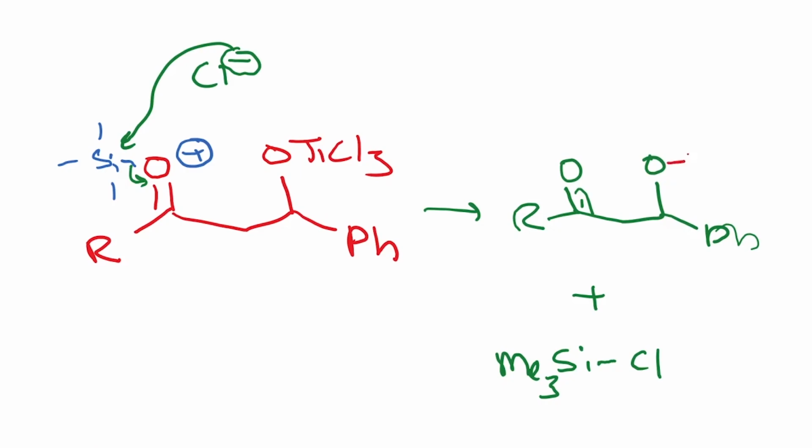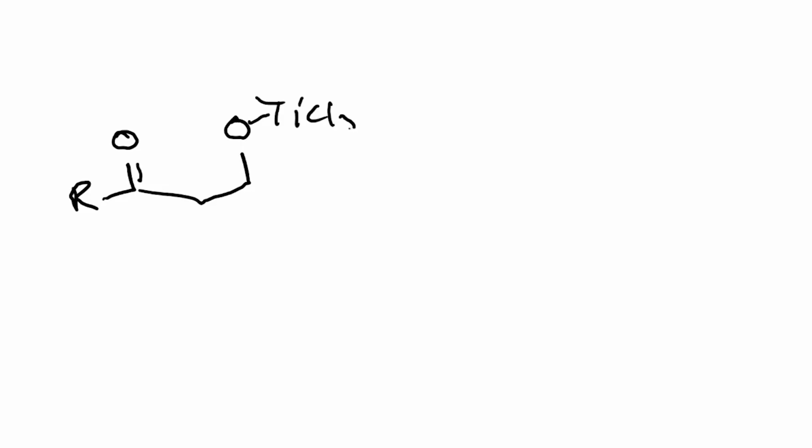So the titanium chloride is still here, TiCl3, and now we can move to the next slide. I'll just draw the intermediate once again. So we have R C double bond O TiCl3 Ph, and you have this trimethylsilyl chloride that is floating around.